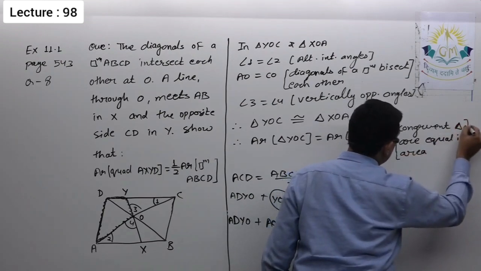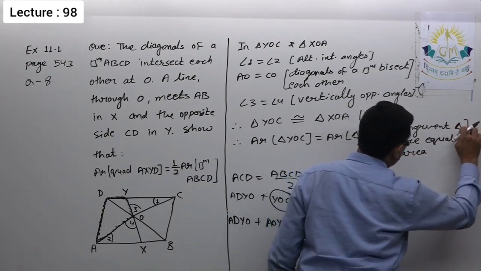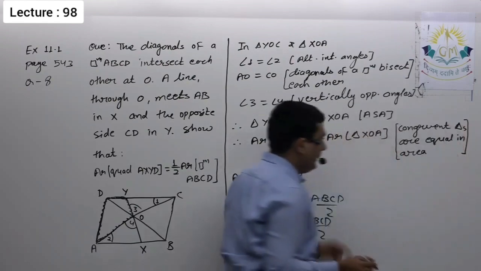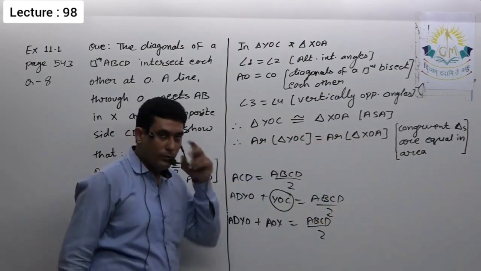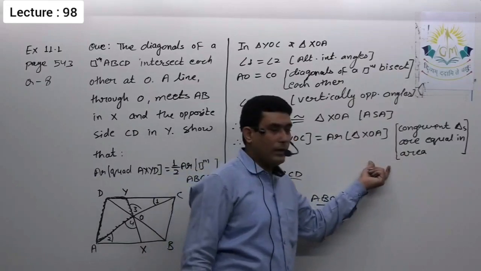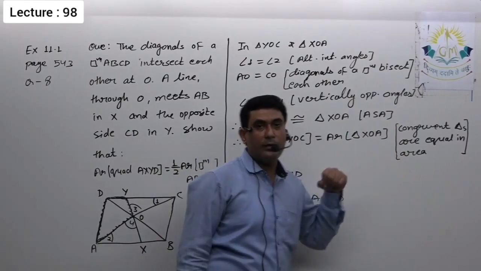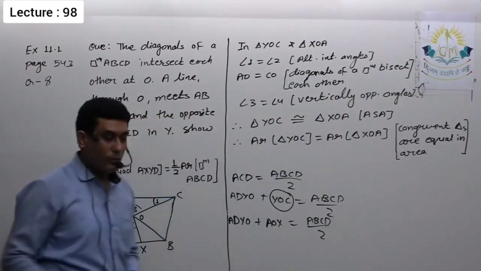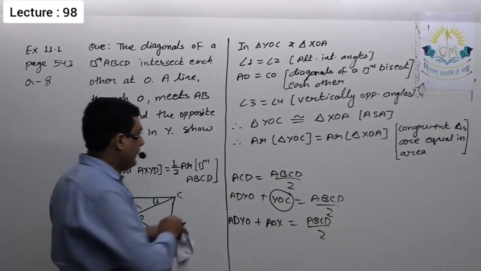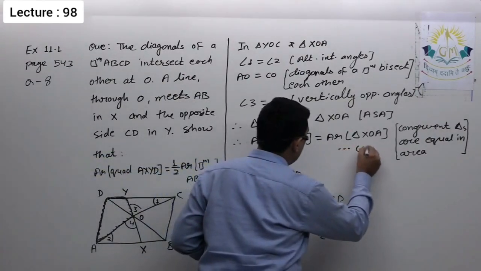Although we discussed it already, here I'll specify its converse is not always true. That means if two triangles are unequal in area, we can't say that they must be congruent. So this is equation number 1.